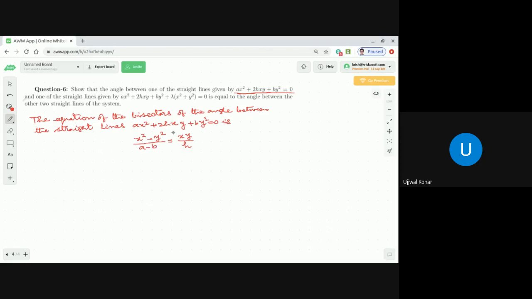Now let us find the equation of the bisectors of the angle between the straight lines as represented by the second pair of straight lines equation. So that means you can write down the equation. I'm writing it here.